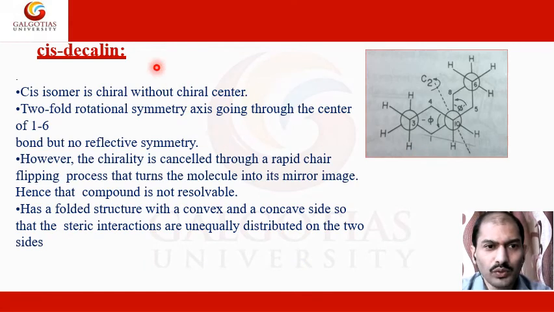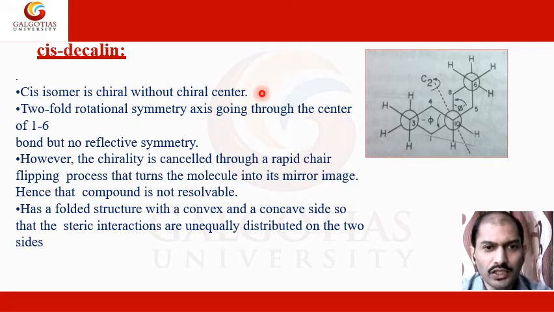So if you see cis decalin, and put it into a Newman projection, it looks like this. You can see the different carbons and the fused carbons here. We can see the symmetry elements by putting the molecule in the Newman projection formula.